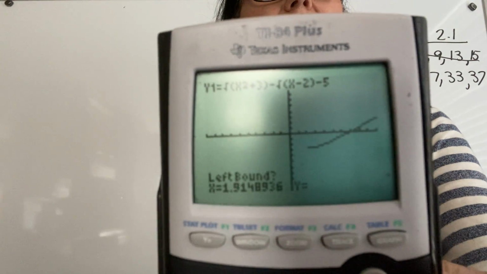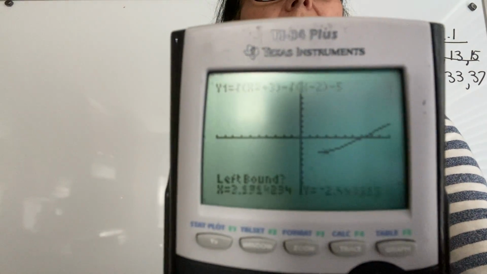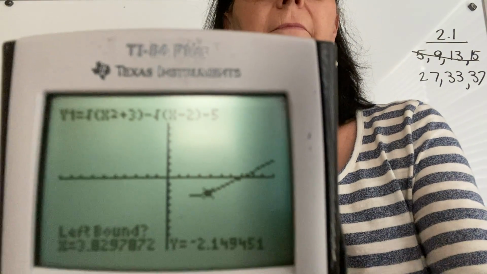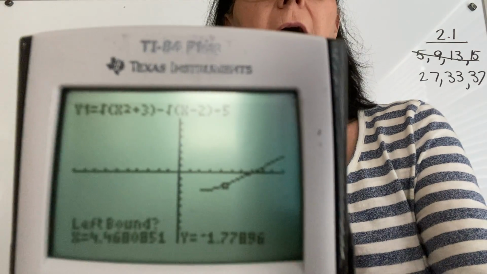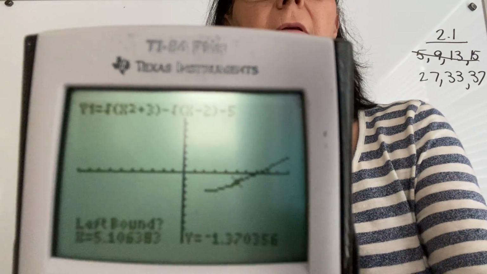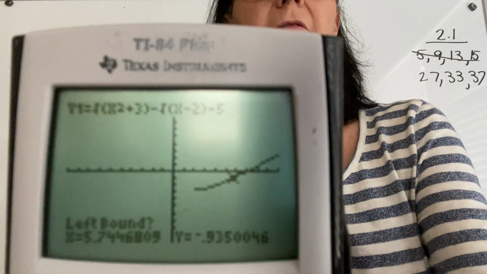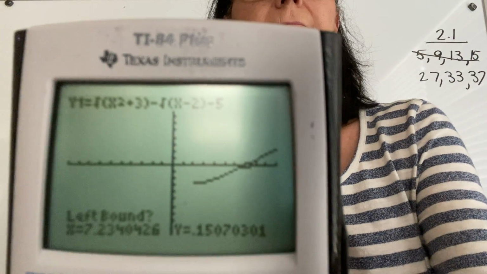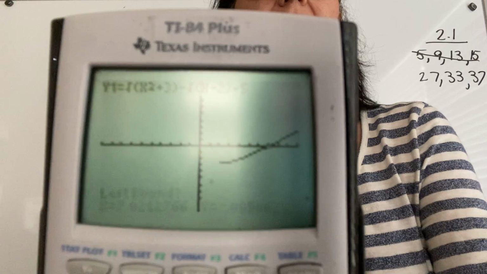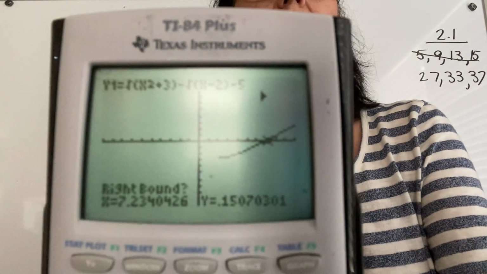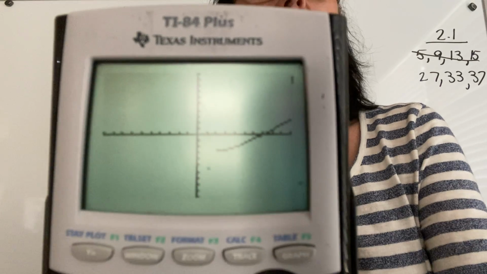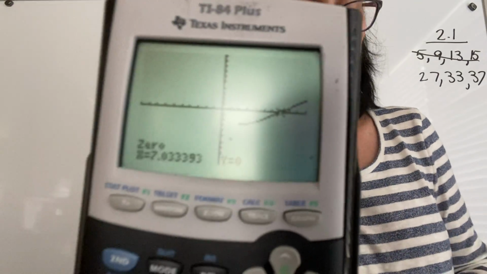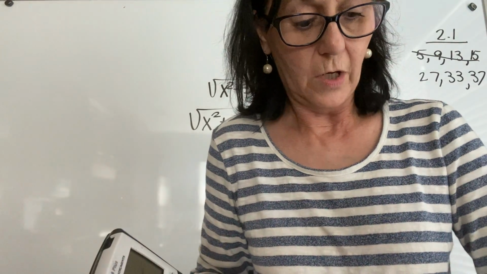All right, so when I went back there, it's not even on the curve. I could have left it where it is. Okay, so now I'm looking for Y to change to positive. It's moving ever so slightly. It's positive, I'm going back where it's negative. My left bound, moving it to the right 1, and hitting enter. And X is 7.033.